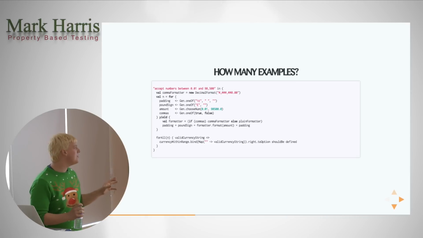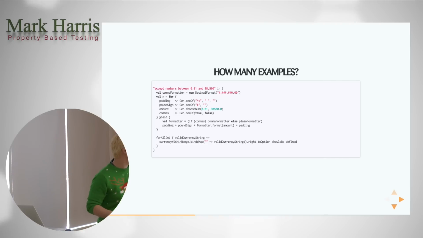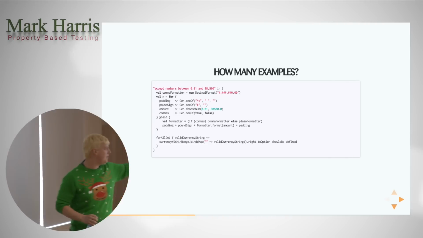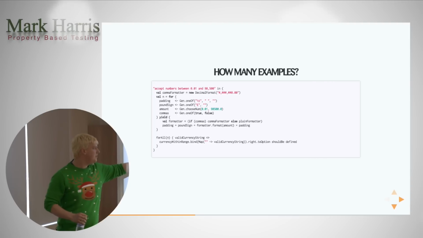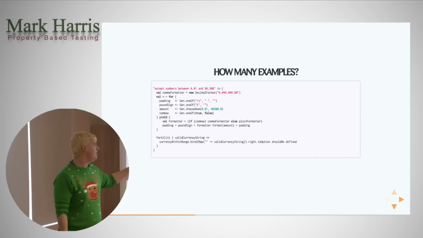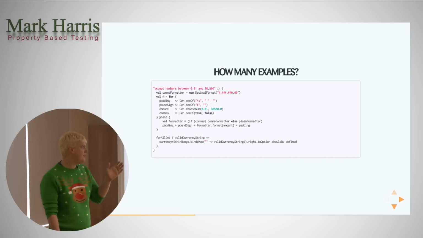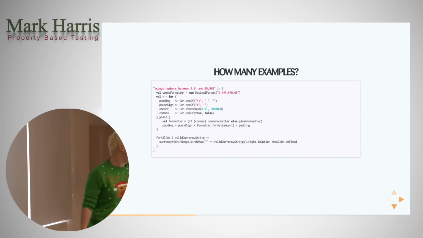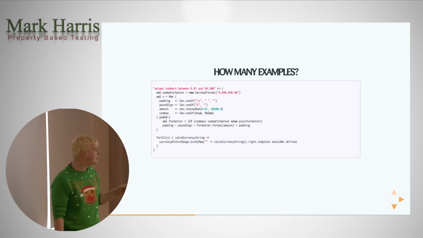Don't get too dragged into the syntax of it, but it generates some padding, it generates a pound sign, it generates an amount, and some commas, and they're all optional, so they'll either be there or they won't. And the amount will be anywhere between a penny and 98,500.